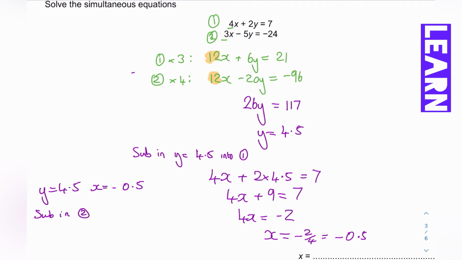So we've got 3 lots of x, so 3 multiplied by negative 0.5, subtract 5 lots of y, so 5 multiplied by 4.5. 3 times negative 0.5 is negative 1.5, minus 5 lots of 4.5 would be minus 22.5. Minus 1.5, subtract another 22.5 is equal to negative 24, the answer that we were expecting.